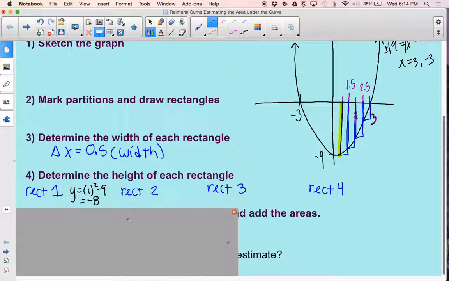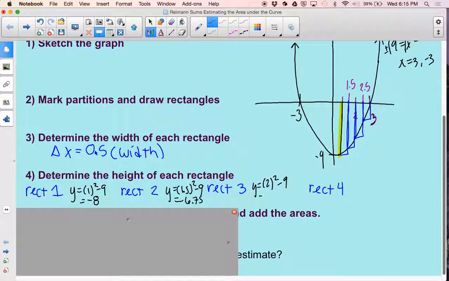For the second one, I'm going to plug in 1.5. So 1.5 squared minus 9. So it's negative 6.75. And rectangle 3, we're at x equals 2, so 2 squared minus 9.